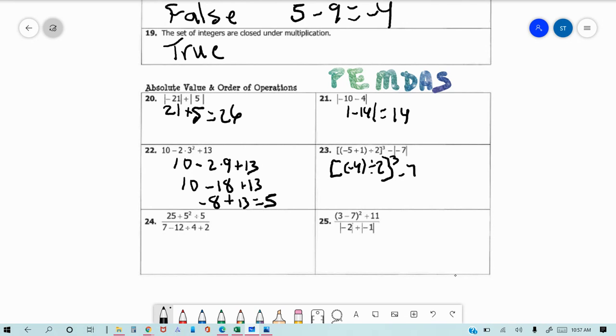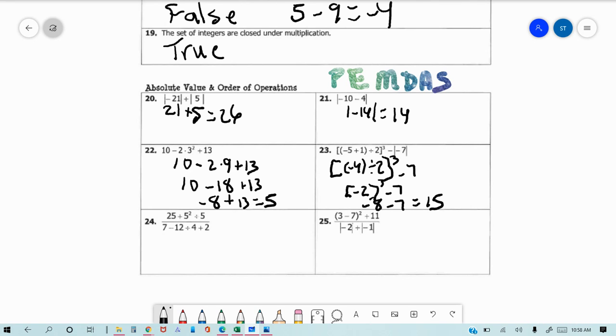All right, so then we're going to do our next parentheses, which would be -2, because -4 divided by 2 is -2, and we're going to cube that. When we cube a negative number, it always ends up being a negative number. So -8 minus 7, which equals 15. Okay?